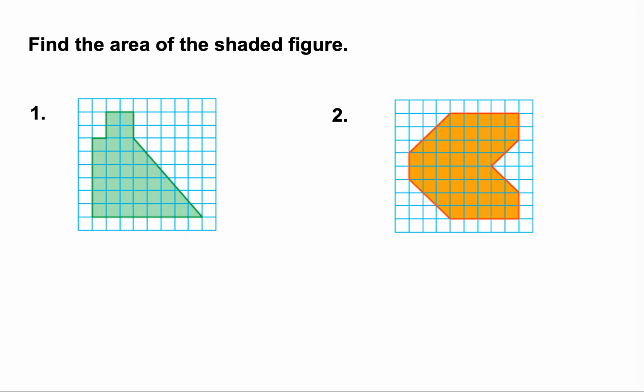Well, let's take a look at number 1 together. We're at least going to get it started together, and then you'll finish it on your own. The weird thing about number 1 is these are not perfect halves. However, when you're counting them, to me, I would count them. These two together would make one whole square.